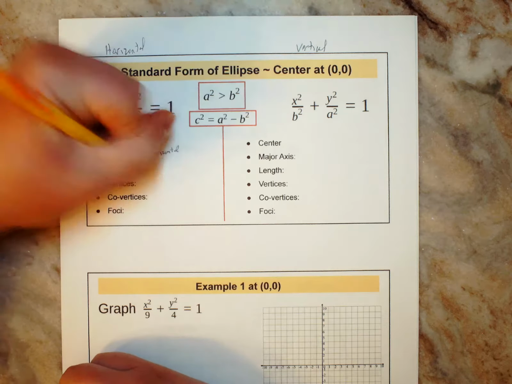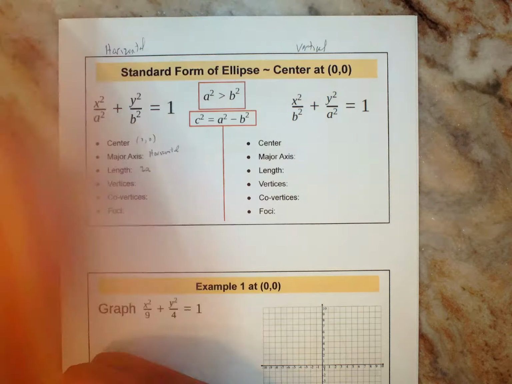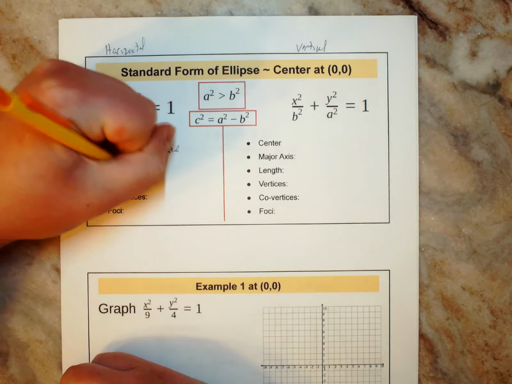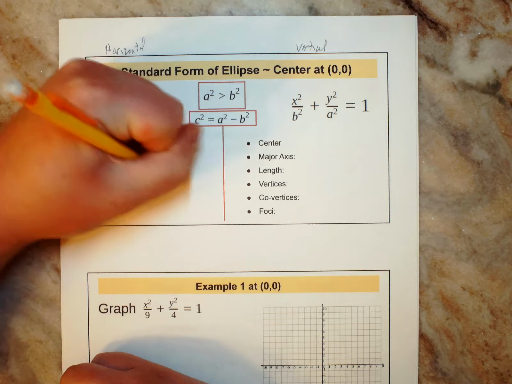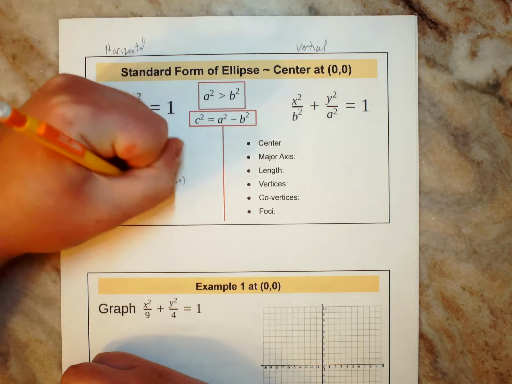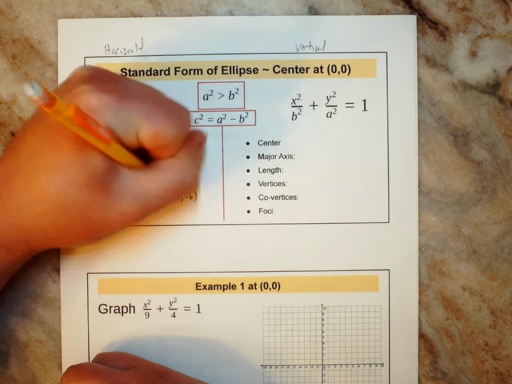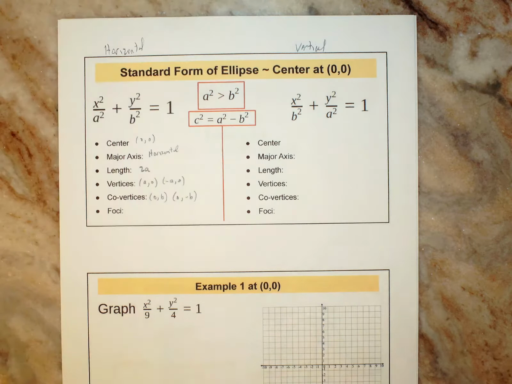The length of it is 2 times your a value. Your vertices for your horizontal are going to be a comma 0, negative a comma 0. Your covertices, 0 comma b, 0 comma negative b. And this will probably make more sense when we actually do an example.